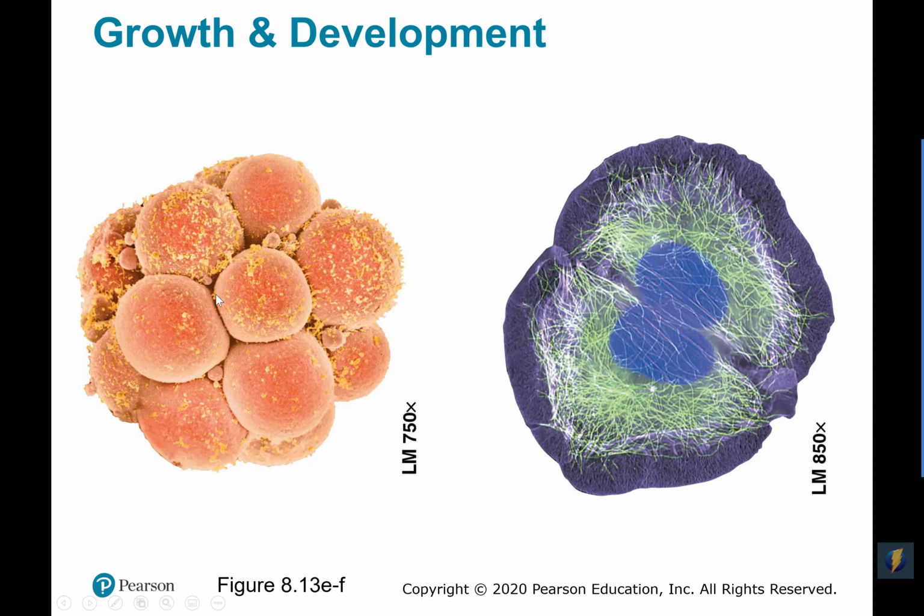So here on the left, you can see this is a very early embryo. This is at a pretty high magnification. Very, very early stages as we're making new cells. And then here we have, I think it's a kidney cell, that is also going through mitosis and making new copies of itself.